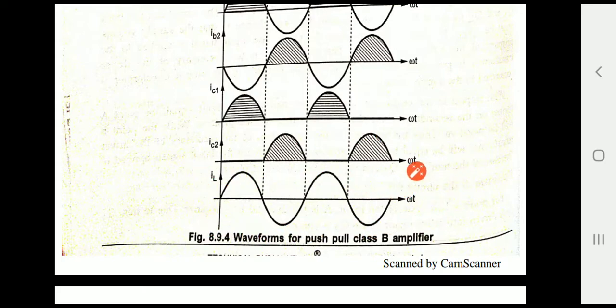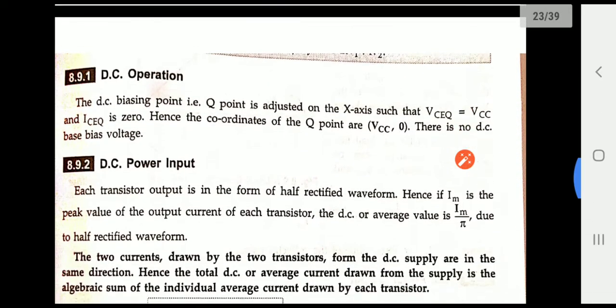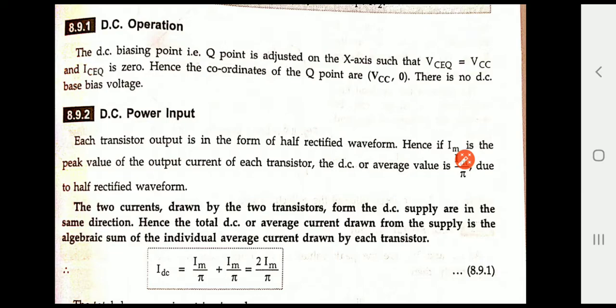This is a complete load current flows across the loudspeaker of load resistance RL. Now another important thing, these two collector currents which looks like a half-wave rectifier output. So I am going to use this concept in DC operation. So now we will move on to the nomenclatures. First one, DC operation. So as we know that the Q point in the class B is placed along x-axis.